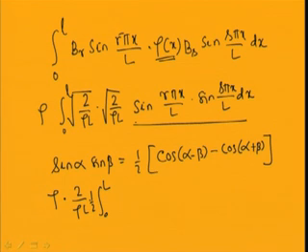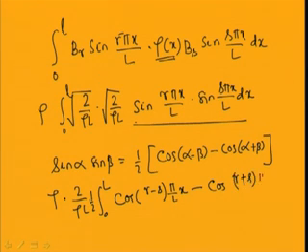This is half cos of alpha minus beta, which for alpha and beta is r minus s into pi by L into x, minus cos of r plus s into pi by L into x, dx. So you have reduced this product of sine terms into cos terms.